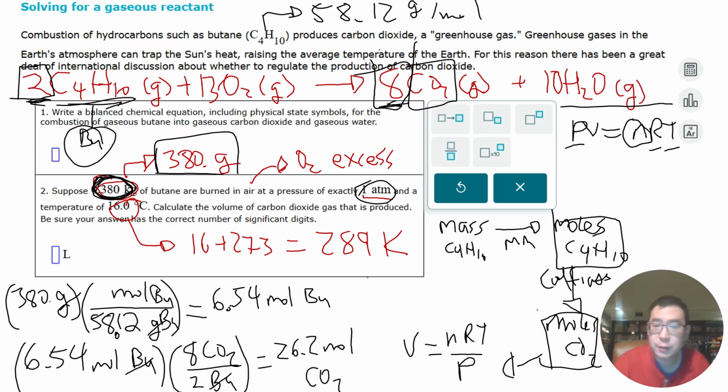Okay, so the last thing I need to do is go from moles of CO2 to volume of CO2. So I do V equals nRT over P, right?